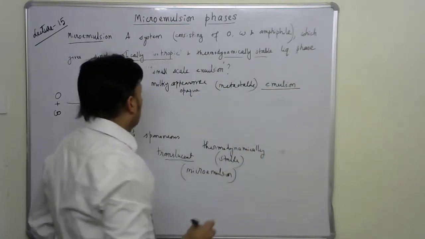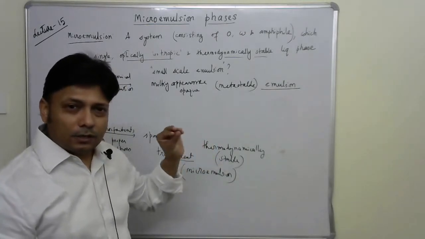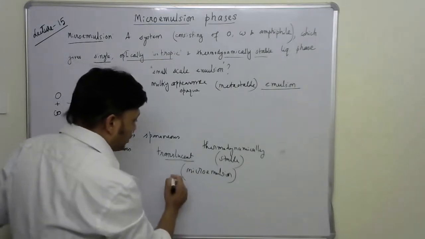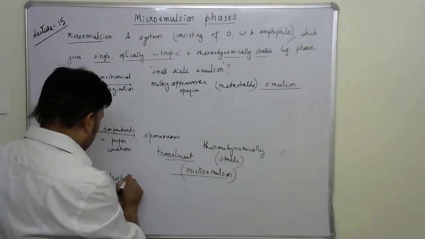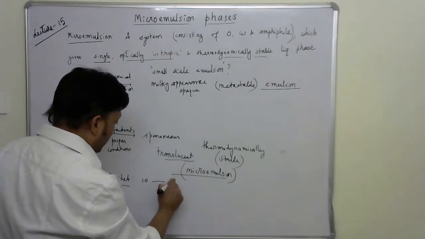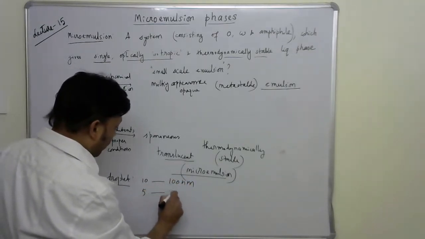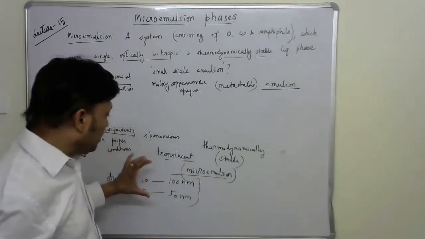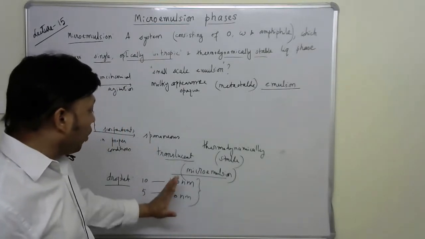Remember, using mechanical beating, you don't get droplets of nanometer dimension. Whenever microemulsions are formed, what we usually see is that the droplet sizes are somewhere around 10 to 100 nanometers, and in some literature they are described as even smaller, 5 to 50 nanometers. Nonetheless, microemulsions are only formed when the droplet size falls below 100 nanometers.